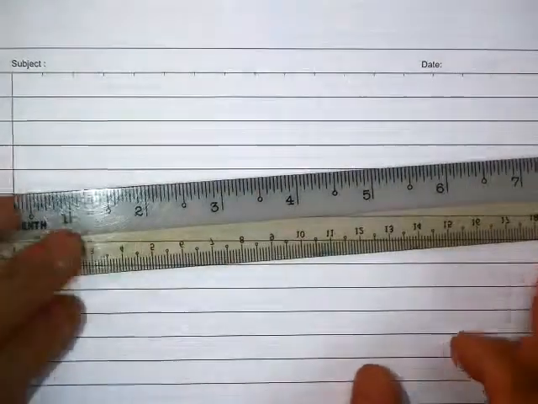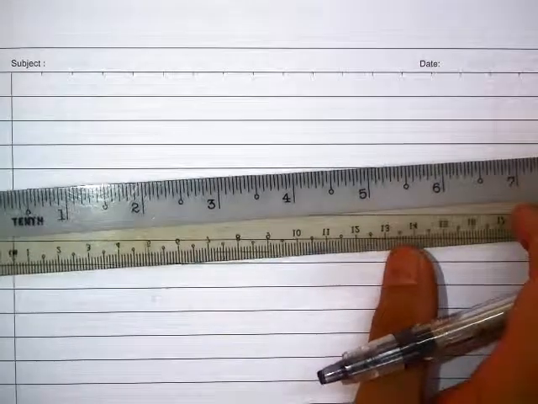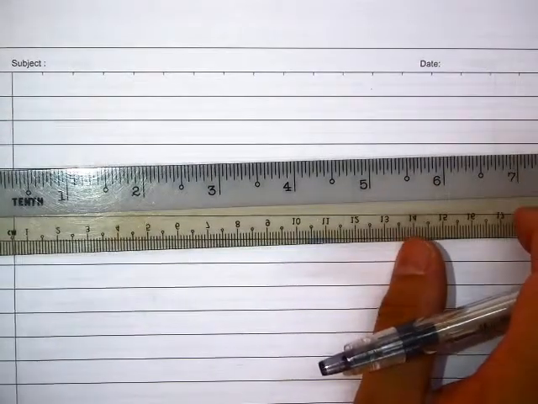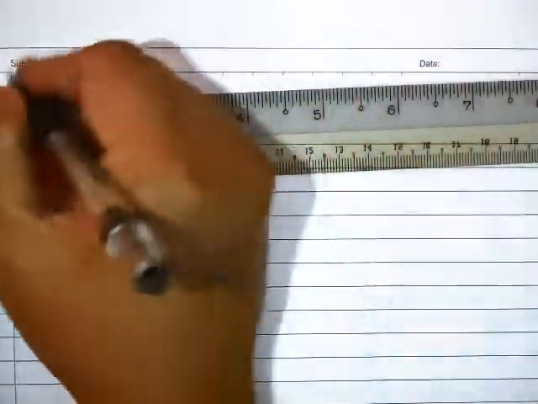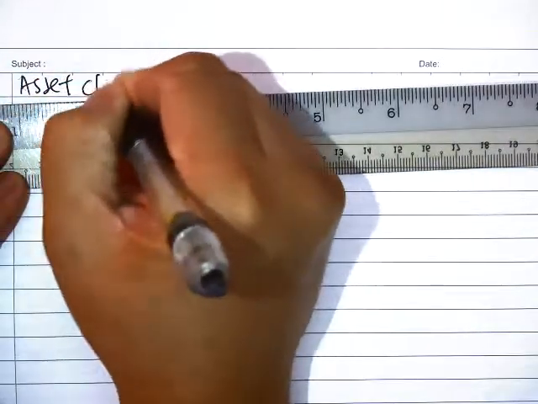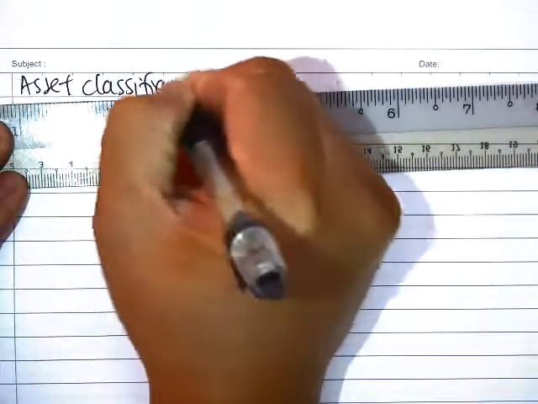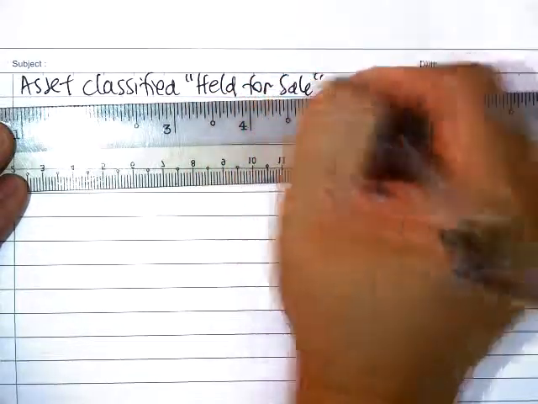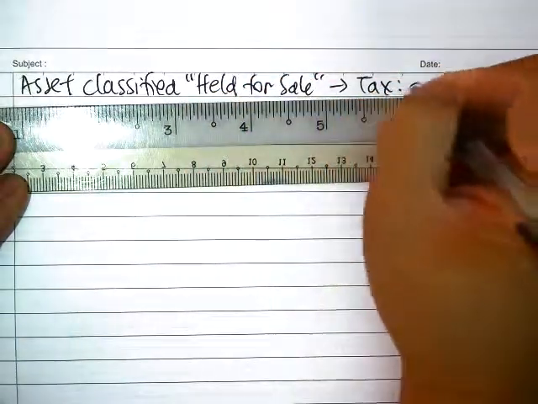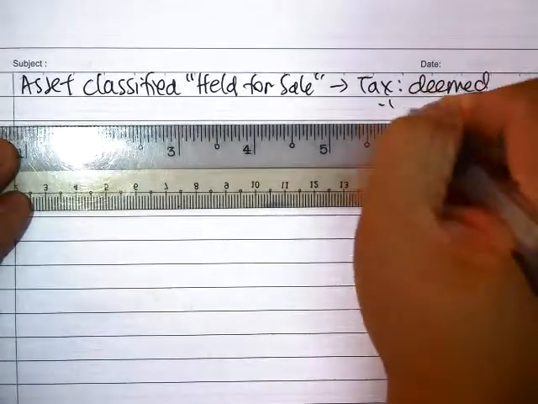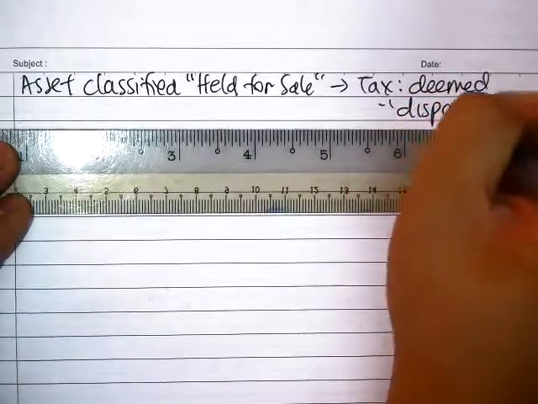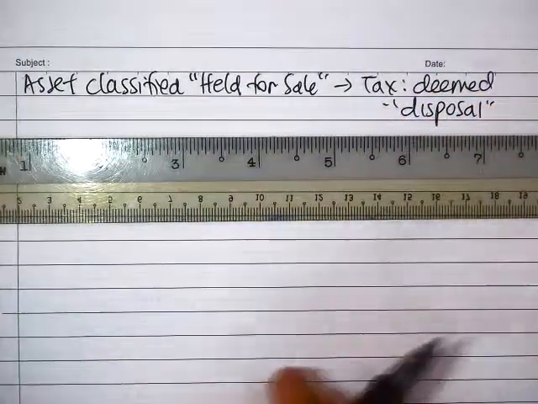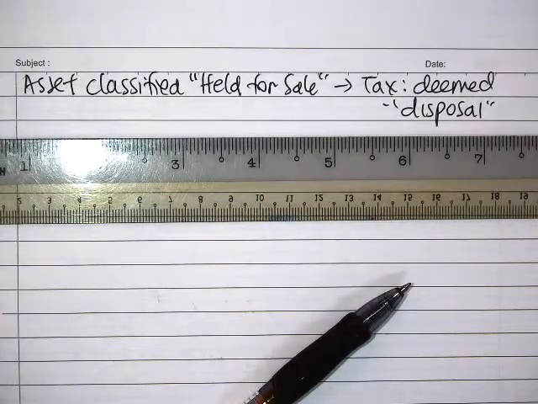When you have an asset held for sale, in the law we deem that there is a disposal. That's what we're trying to do. So an asset classified as held for sale, the tax deems that there is a disposal.